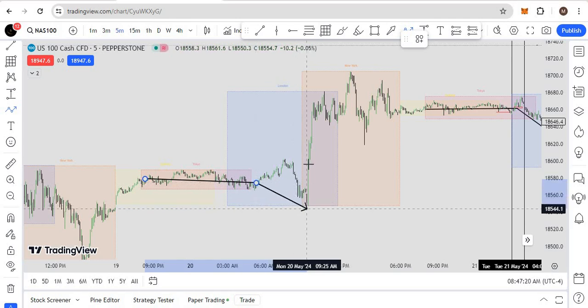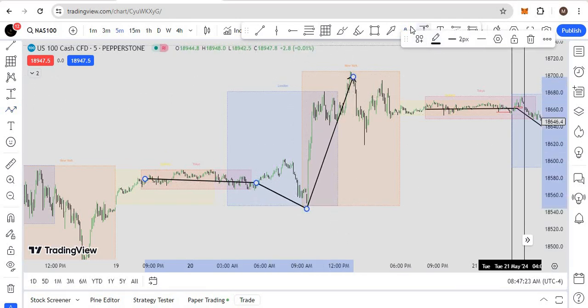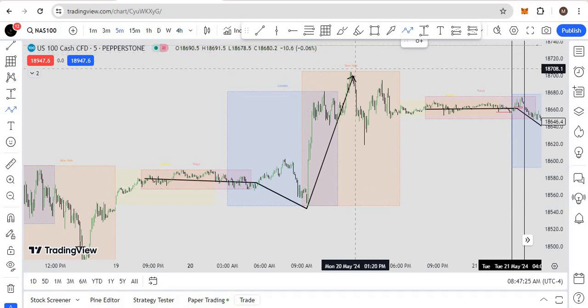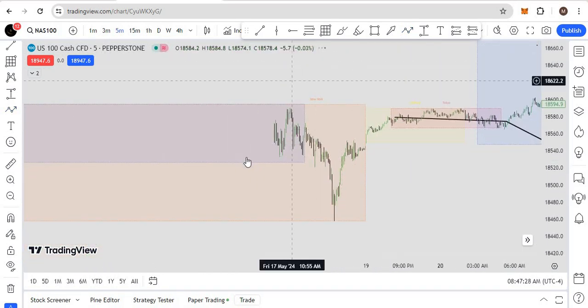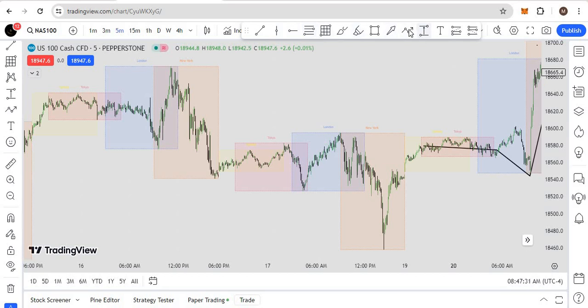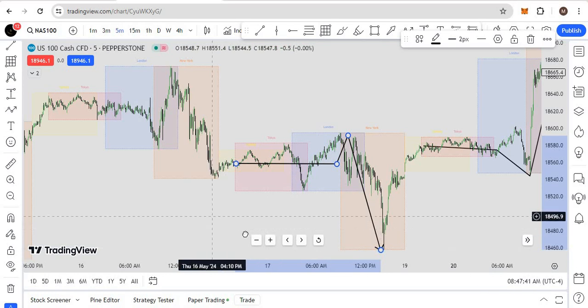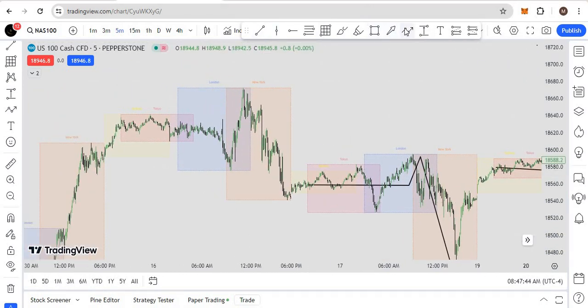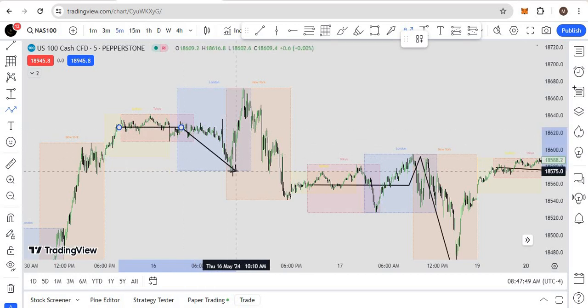The distribution always happens at the New York Open.